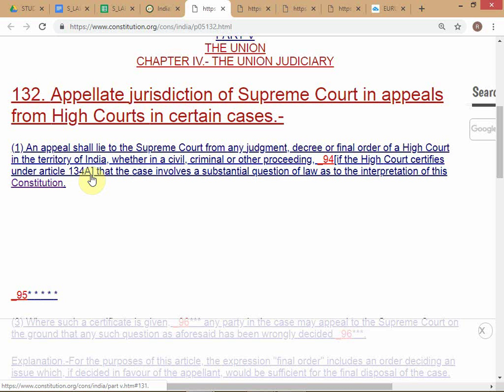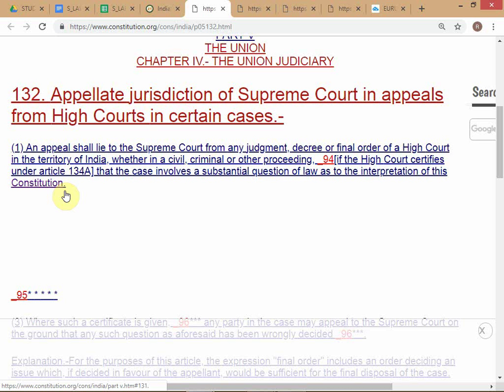So the first provision is that under 132, the High Court will certify a case under 134A, read with Article 132, if it feels that this particular case involves a question of law as to the interpretation of this Constitution.